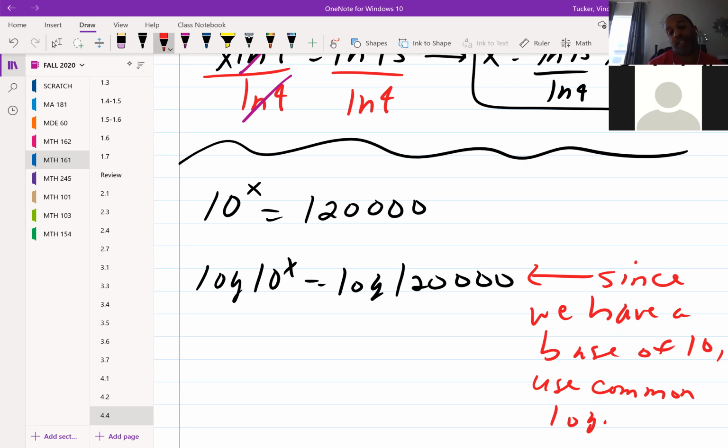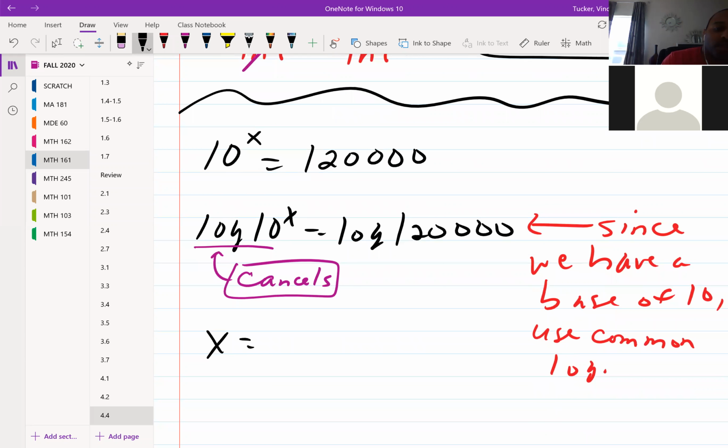Now, if we had base e, then we would use the natural log. It would be in our best interest to use natural log. And the reason being is because this cancels for us and leaves us with just x. That goes back to our rules from yesterday.